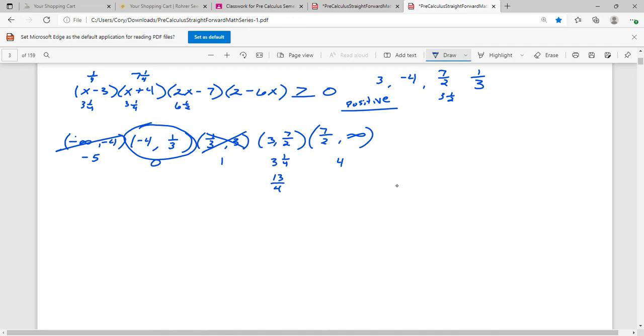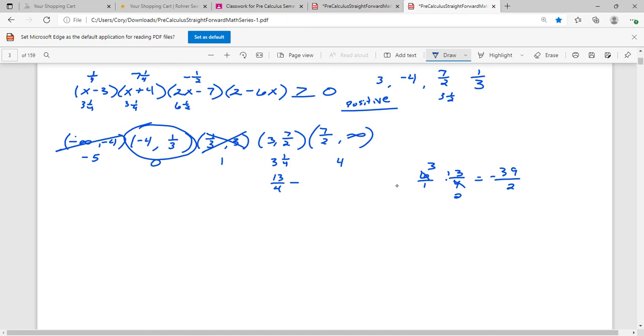Minus 7, that'd be negative 1/2. And then if I have 6 times 3 and 1/4, 6 over 1 times 13 over 4, I can cancel there, and I'll have 2, and I'll have 3, and 3 times 13 is 39 over 2, and that was negative, because this is negative 6.